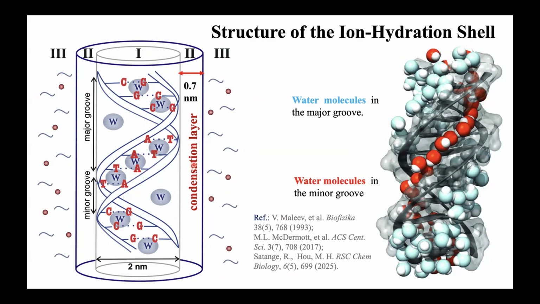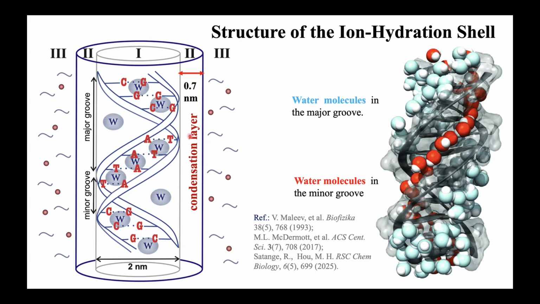Closer to DNA, the intermediate layer forms, the second hydration shell, where water molecules do not make direct contacts with the DNA surface, but are still influenced by long-range non-bonded interactions.